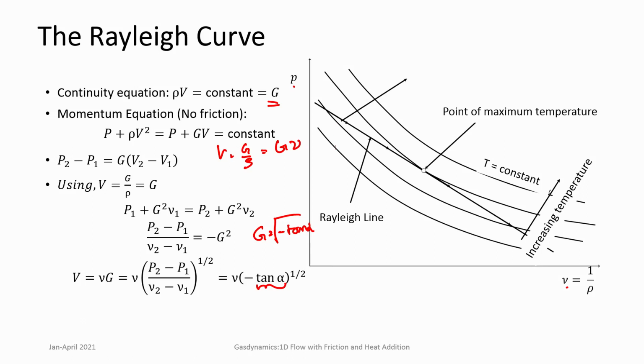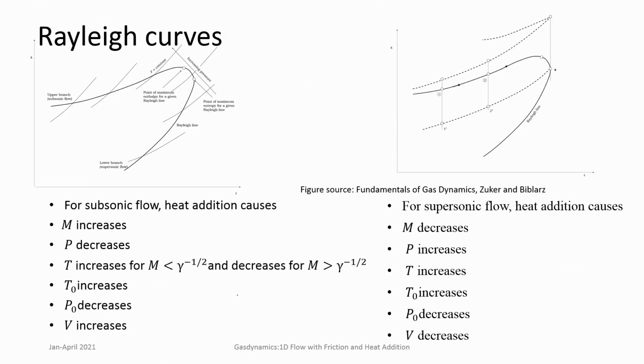And you can draw isotherms and isentropes, the curves of constant entropy and curves of constant temperature, along this same PV plane, and that will tell us how temperature and pressure change along these curves. Okay. So, now they can also be plotted in an HS diagram or TS diagram, similar to Fano curves.